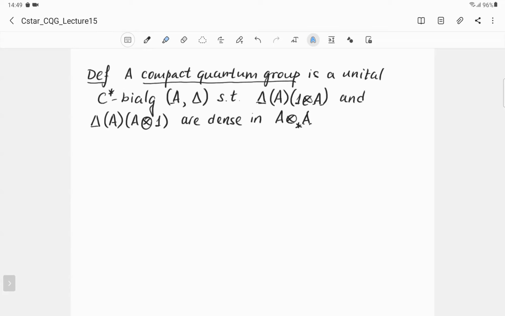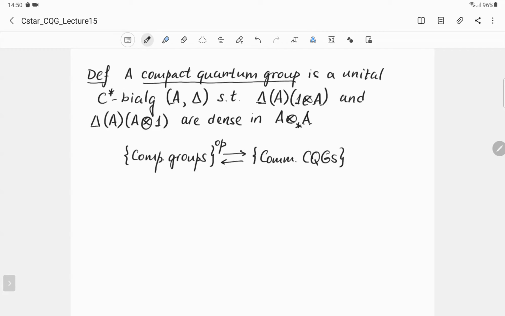So as a result, we get an anti-equivalence between the categories of compact groups and of commutative compact quantum groups. So the dual of the category of compact groups is equivalent to the category of commutative compact quantum groups.